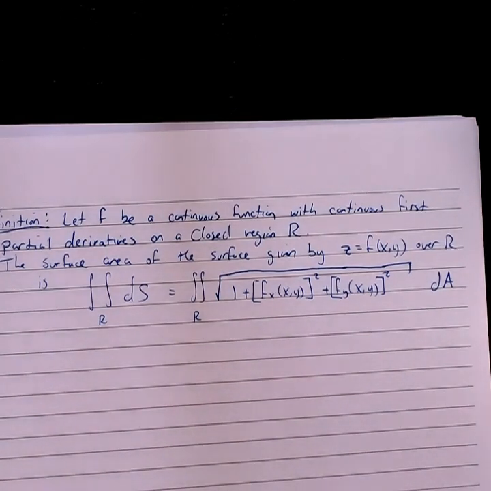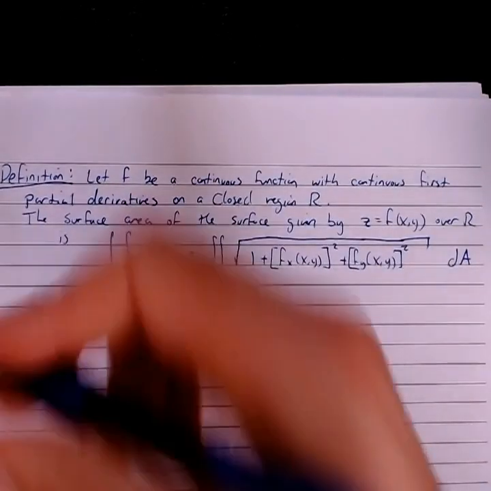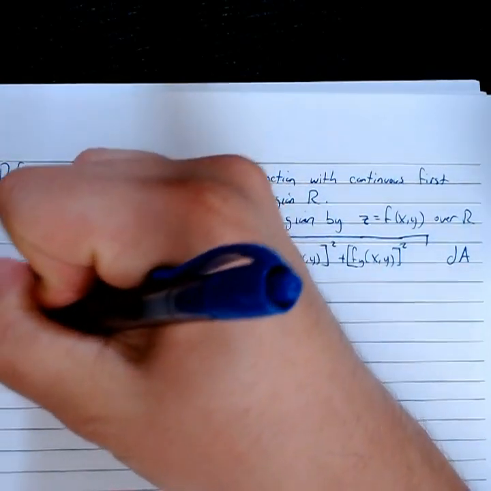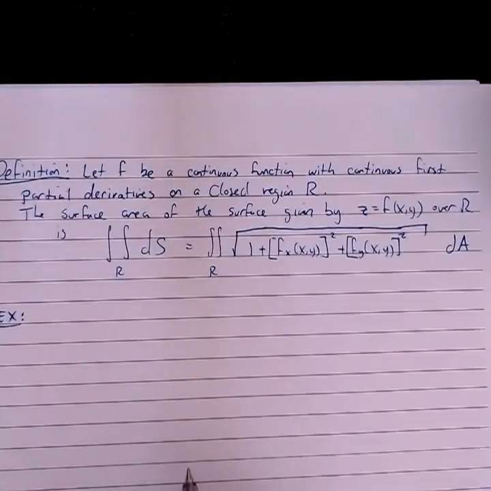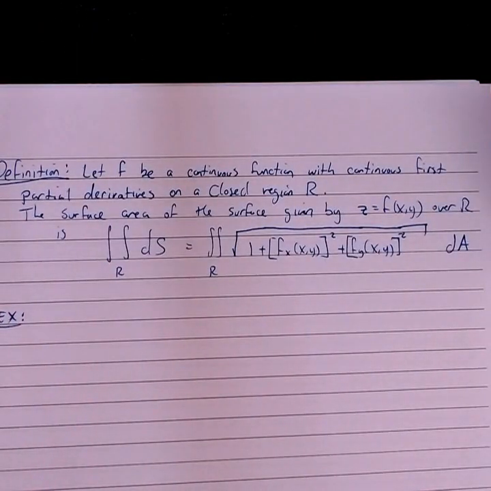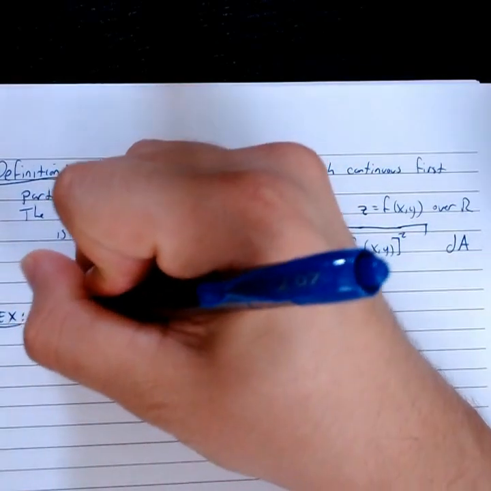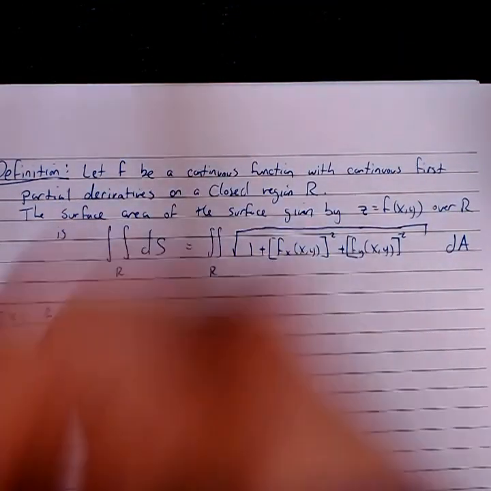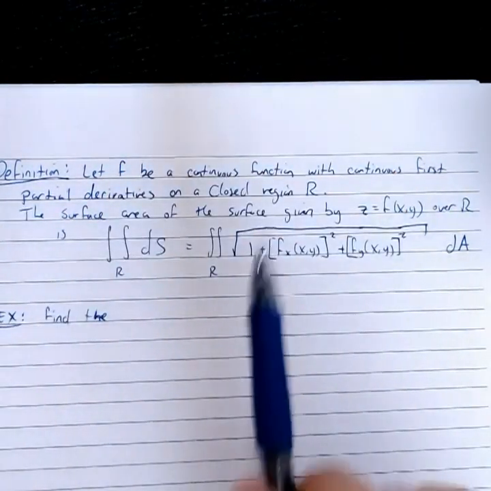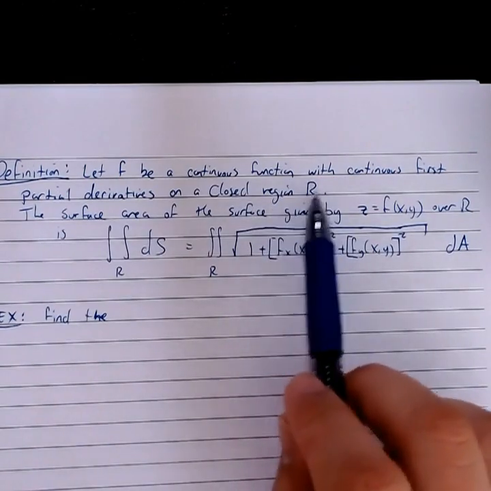So let's take a look at an example of how this is going to work out. Let's say we wanted to find the surface area, and let's start off with something reasonably nice. Let's find the surface area of the paraboloid. Now you might say, well, paraboloids usually go on forever, right? Well, sure, but we need to bound it over a closed region.